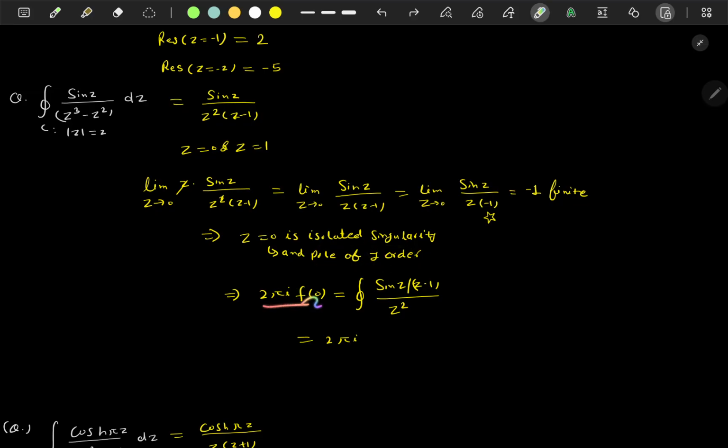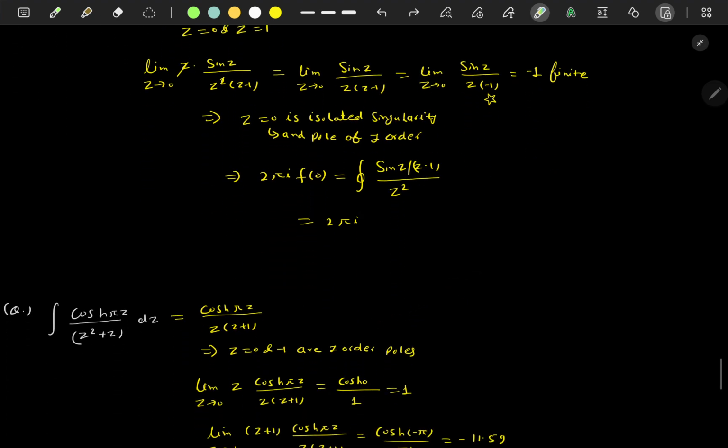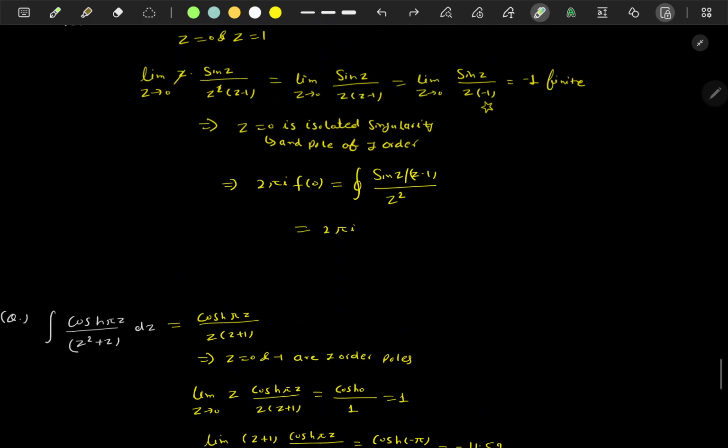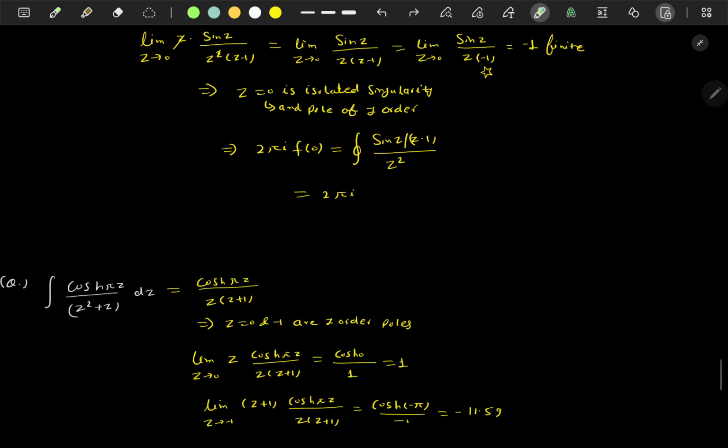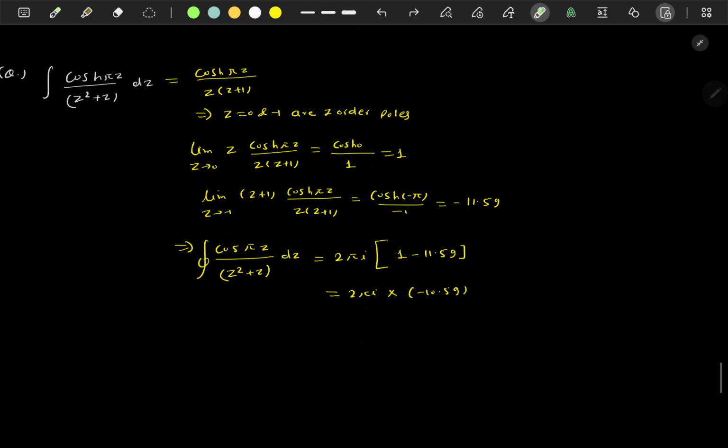So it will be calculated as 2 pi iota times the function at 0, and the whole complex integration will be calculated. When a pole of order 1 is there, it will be very easy for us to calculate complex integration, because by simply putting this formula you get the value of the whole complex integration, whereas in residues you have to calculate residues on both points and then you will sum up.